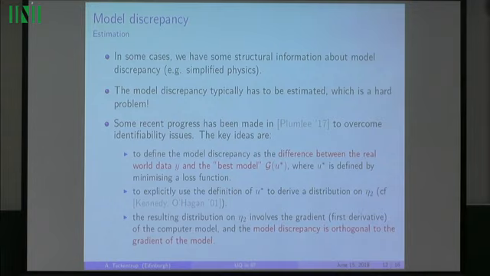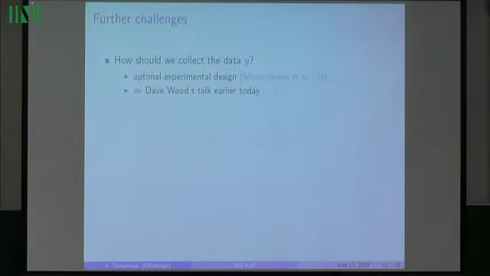Okay. So that was a bit about model discrepancy. It's a very difficult problem, as I said, and there has been some progress on that. I just wanted to finish with a couple of other questions that we have discussed during the program and have also been discussed earlier today.